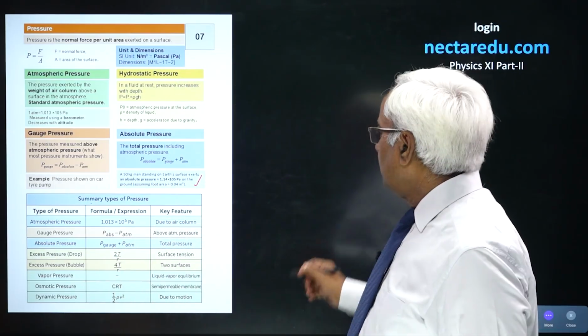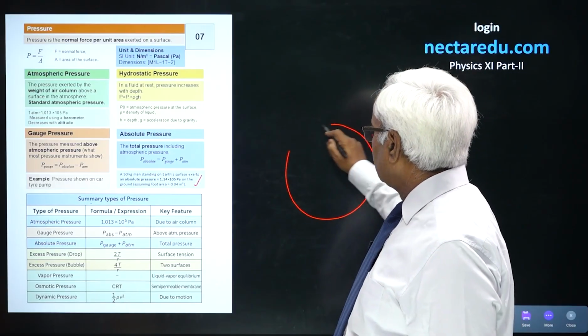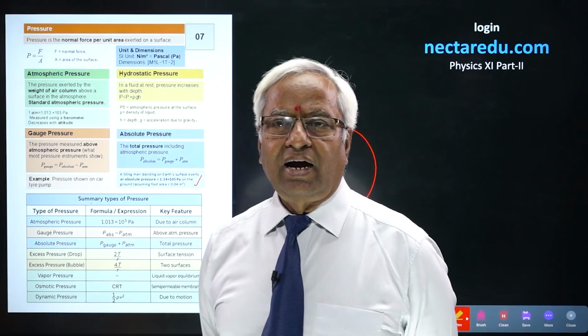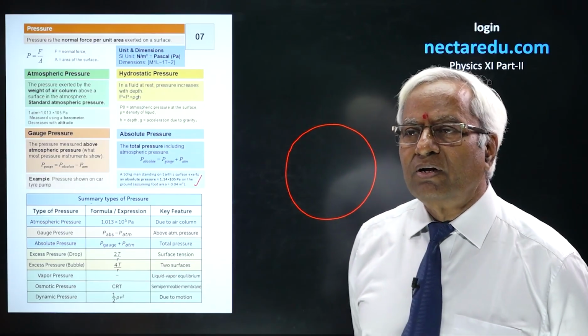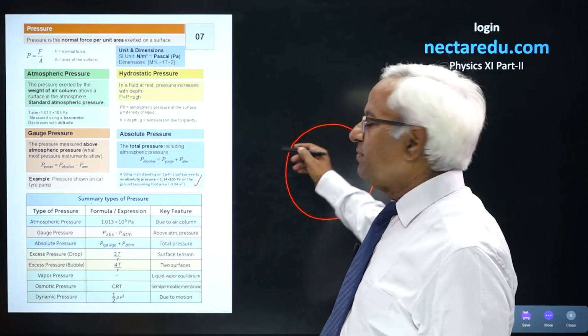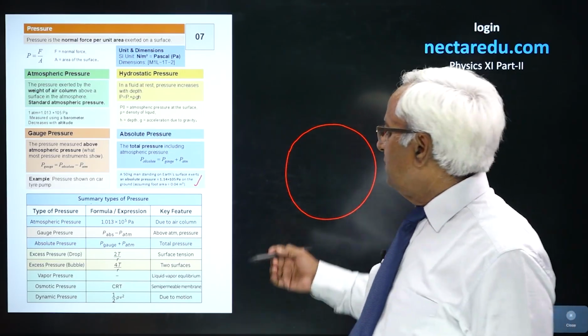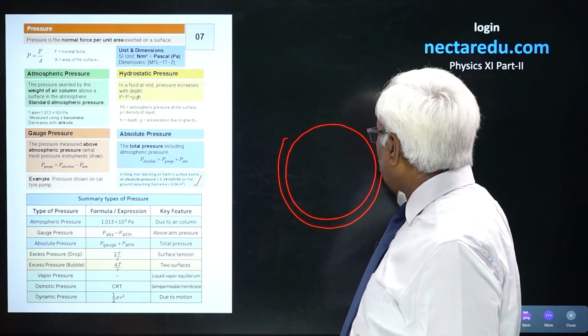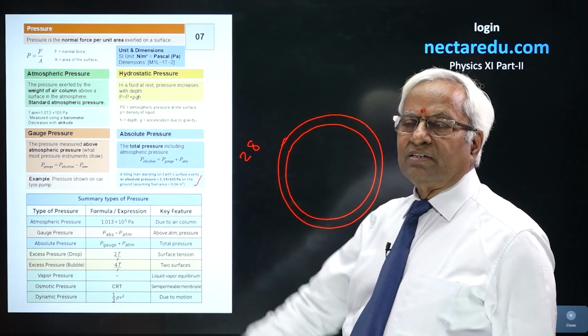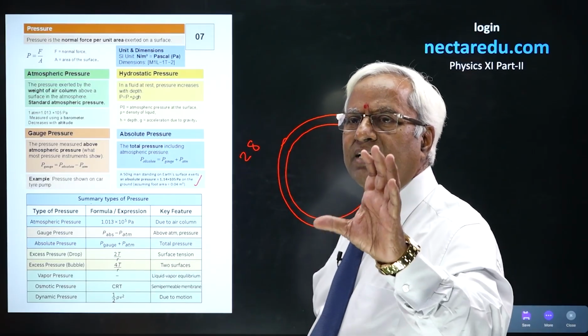Now, you will come across one more term regarding pressure, that is gauge pressure. You see, suppose you are at a puncture shop and there you are trying to fill the tube in your tire with air from outside. That person will tell you, sir, this is 28. Simply he'll say 28.